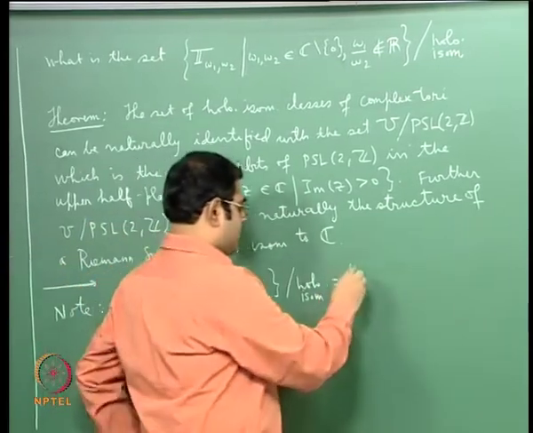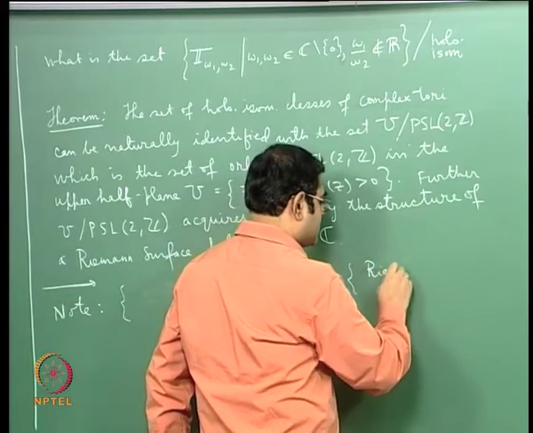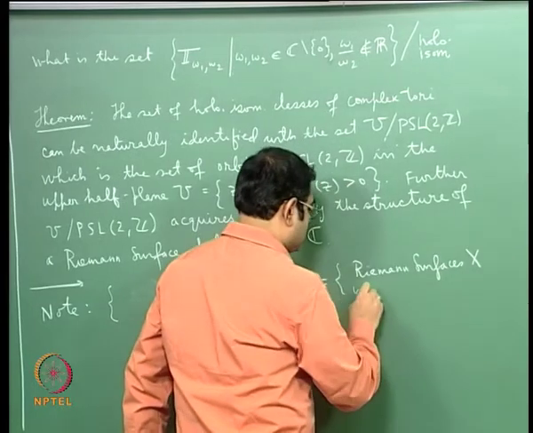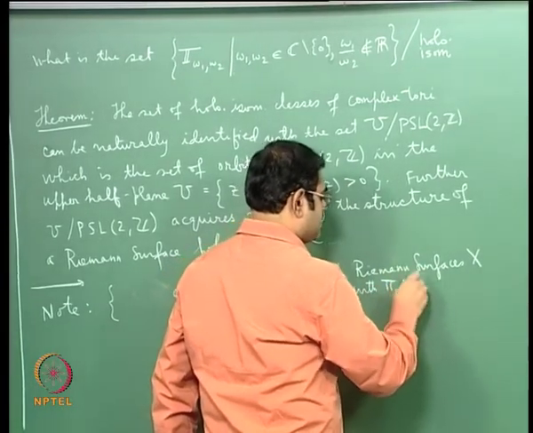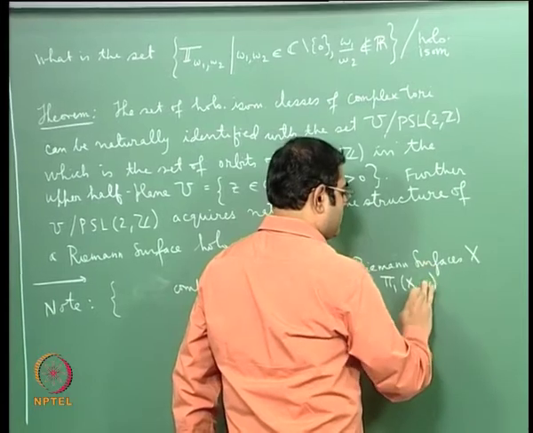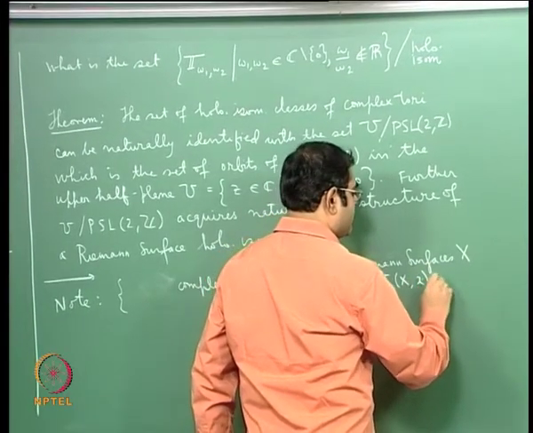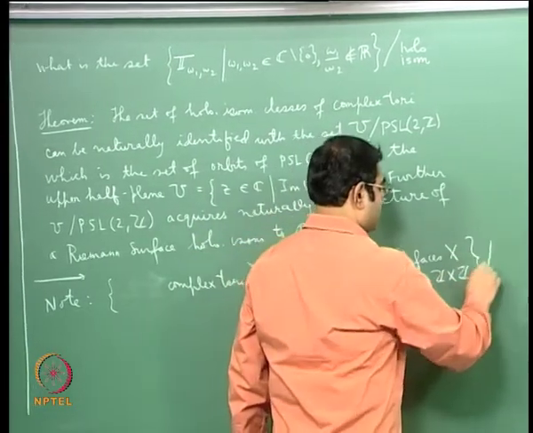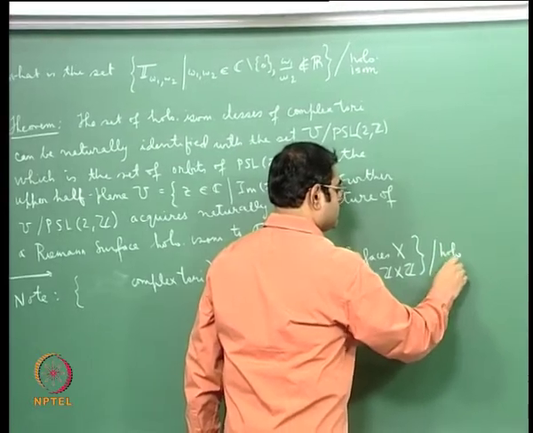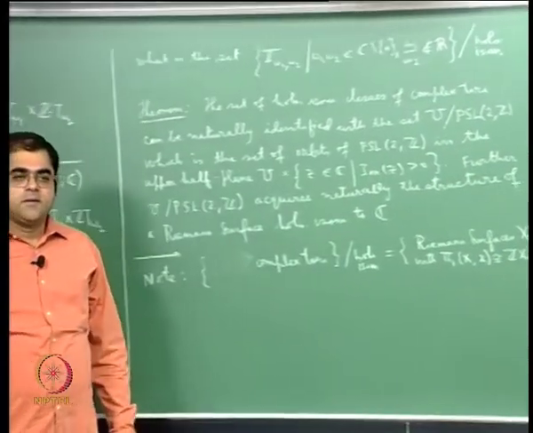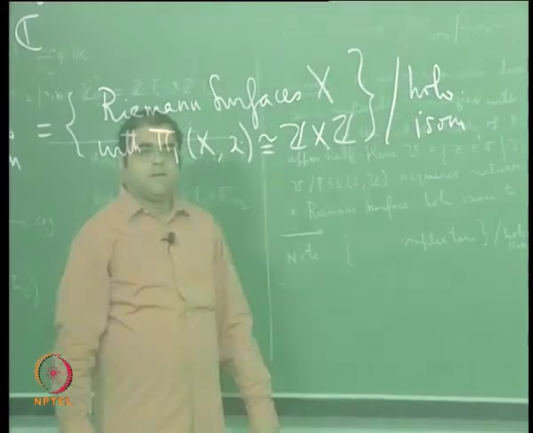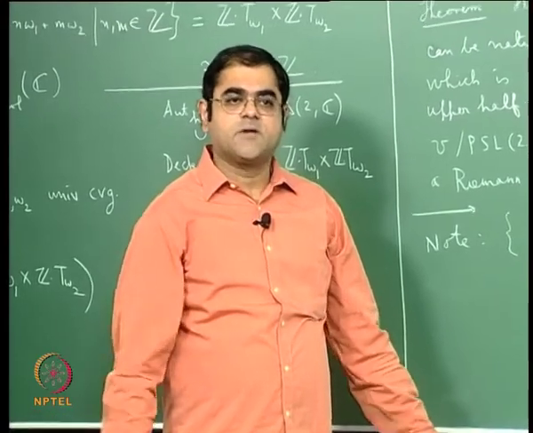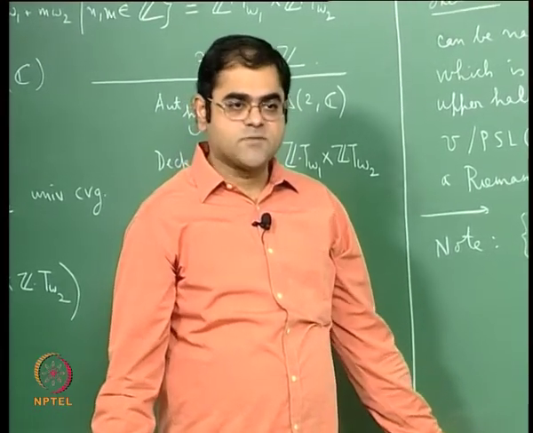Here I can also write Riemann surfaces X with pi1 of X, some base point does not matter, isomorphic to Z cross Z, modulo holomorphic isomorphism. One can also state it like this: you are looking at all those Riemann surfaces with fundamental group isomorphic to Z cross Z, and you are studying them up to holomorphic isomorphism.